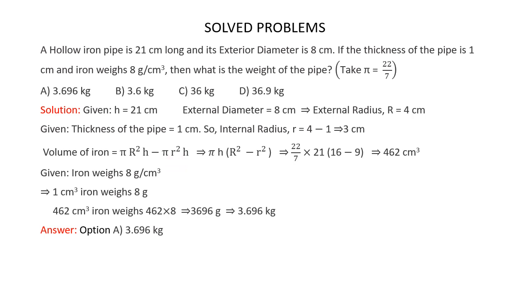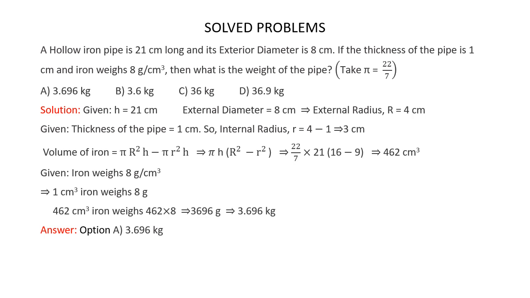So volume of iron is equal to pi R squared h minus pi r squared h. Now we know the value of pi and we know the value of h. So if we know the value of R and r, we can easily calculate the volume of iron. And if we know the volume of iron, we can easily calculate the weight of the pipe.